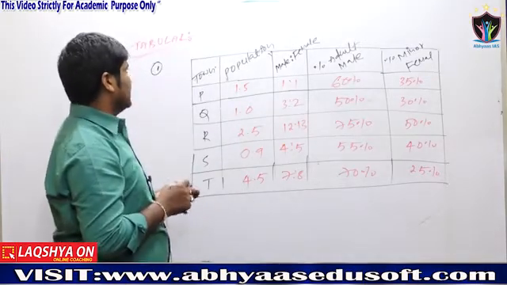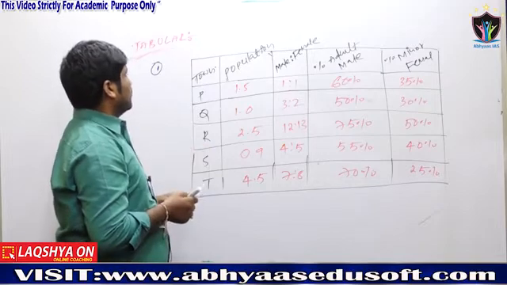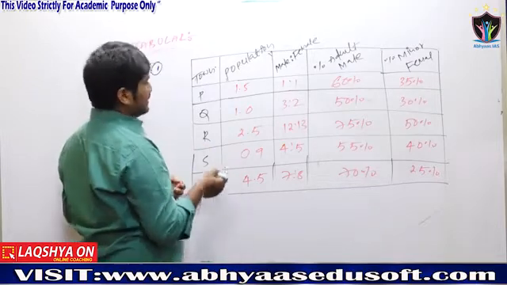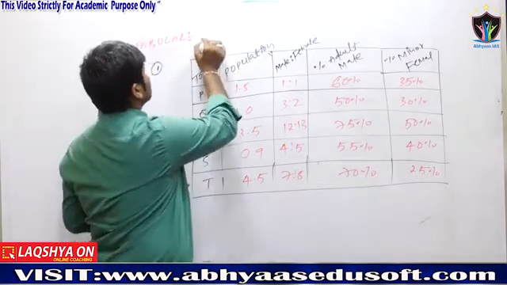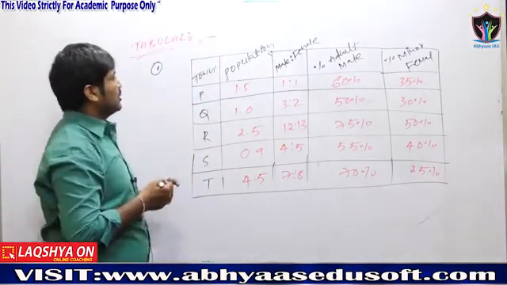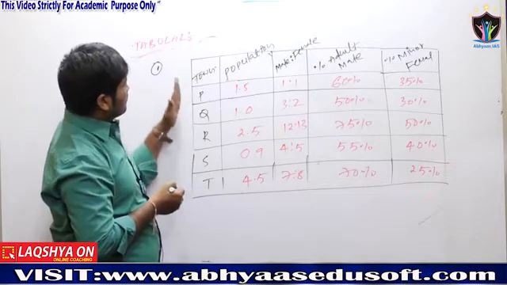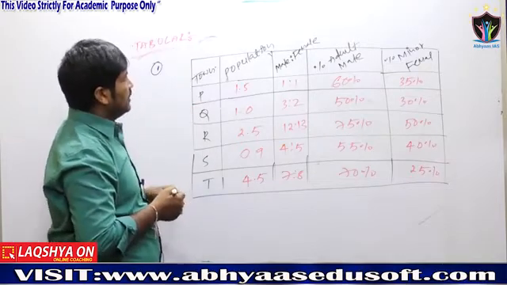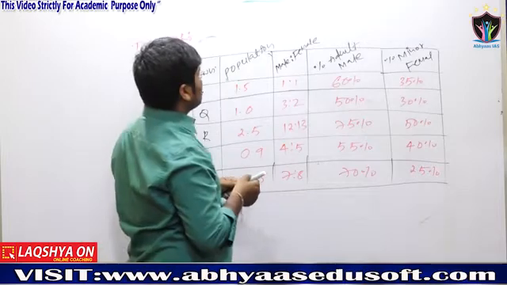Now, what are the instructions given for this question? The number of towns is 5 different towns, and populations are given.